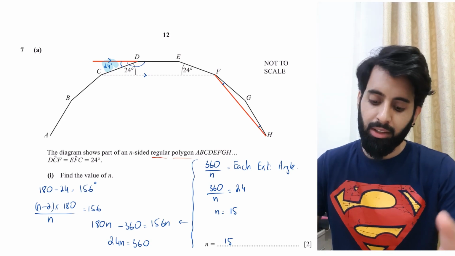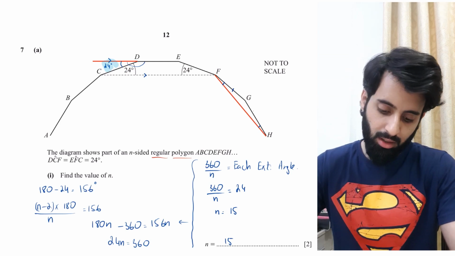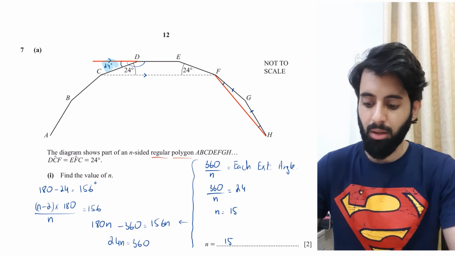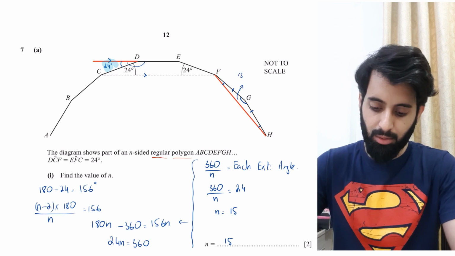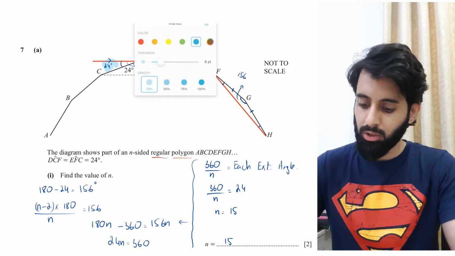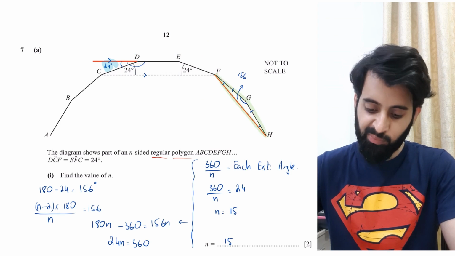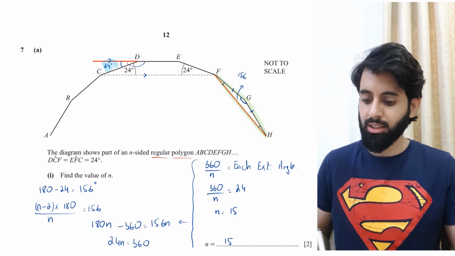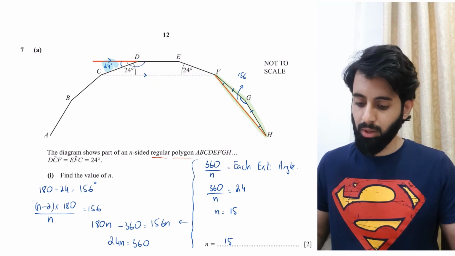No. The reason is that since this is part of a regular polygon, FG and GH will be the same. And another thing is that each interior angle of this polygon is going to be 156. So if we just focus on the triangle that I'm highlighting as I speak, this is an isosceles triangle, and being a triangle basically means that the sum of interior angles is going to be 180.